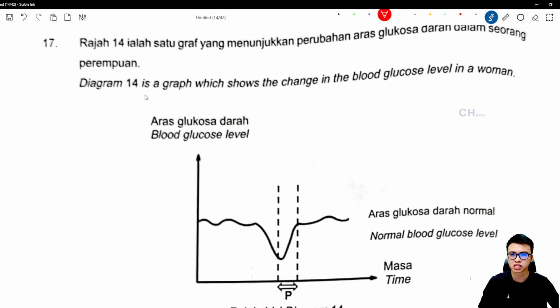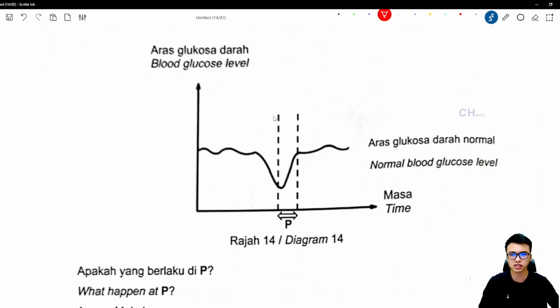Okay, diagram 14 is a graph which shows the change in the blood glucose level in a woman. So the normal blood glucose level is here. Our body is very strong because it is able to bring the blood glucose level back to normal.